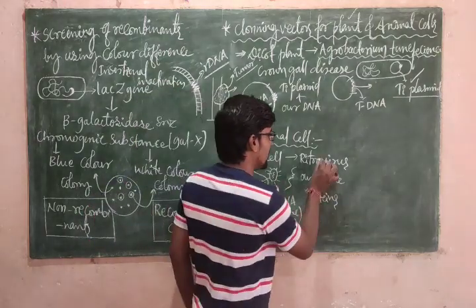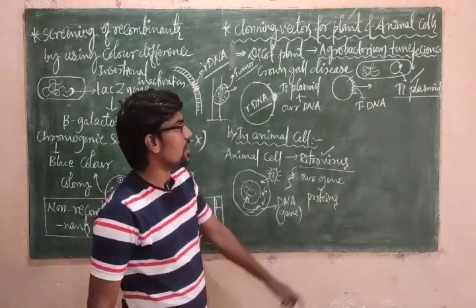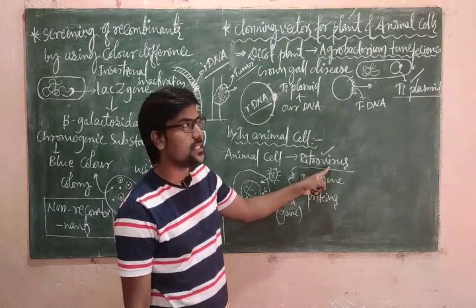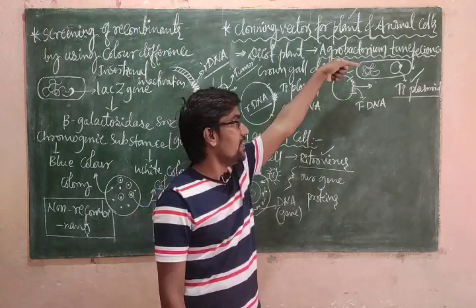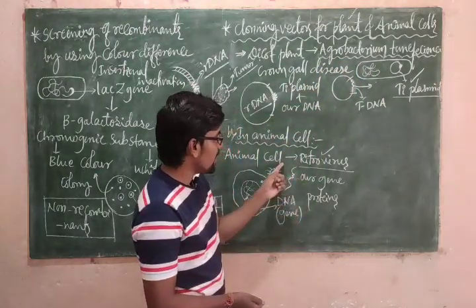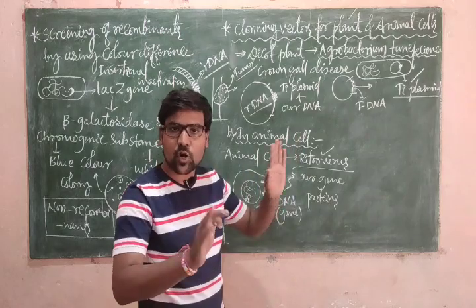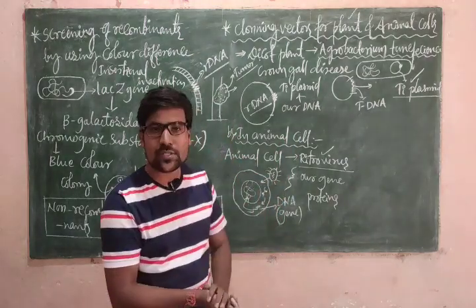Now, this retrovirus is also considered to be a natural vector. So this is also a natural vector and this is also a natural vector. But here the natural vector is bacteria and inside it a plasmid is present. Here the natural vector is virus, not bacteria, and plasmid is not used. So in case of animal cells we can use them.